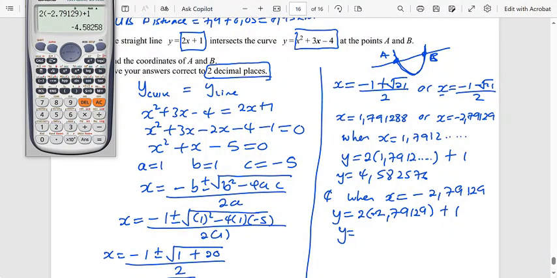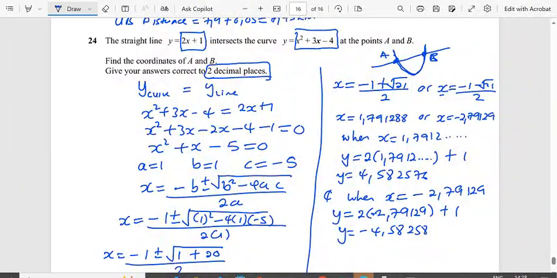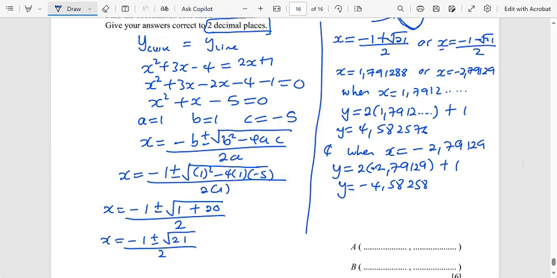The answer for y there is minus 4.58258. So at the end, I'm now going to give my answers as answers to two decimal places as per the requirement of the question.